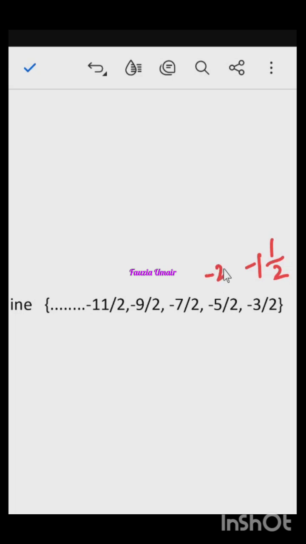No, actually -2 wholes 1/2. Okay. So what is -7/2, Hashim? Three whole one. That's right.